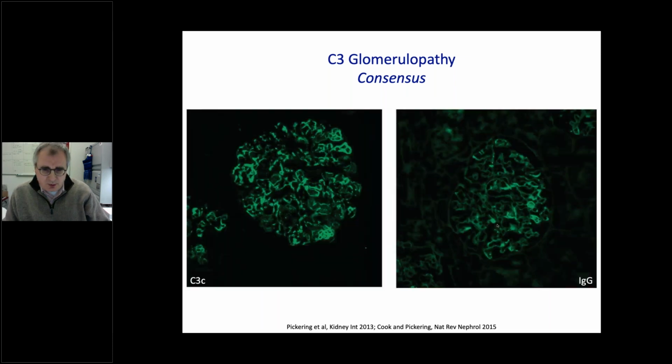But it is important to notice that it is not an exclusive immunofluorescence diagnosis. So it's not a yes-no finding, but you can find C3 or C3 split products and IgG being positive. It is the magnitude difference that makes the case.